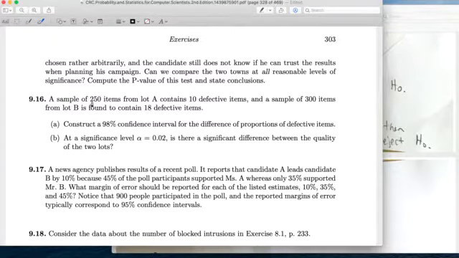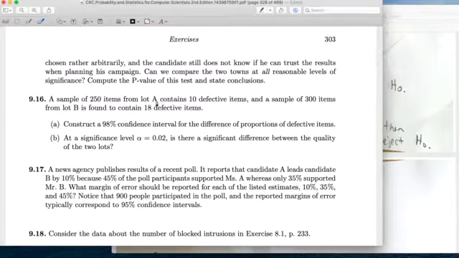There's a sample A of size 250 and 10 of them contain defective items, and there's another sample B of size 300 and there are 18 defective items in that sample. The first part says construct a 98% confidence interval, so with a 2% significance level, construct an interval for the difference of proportions of defective items.